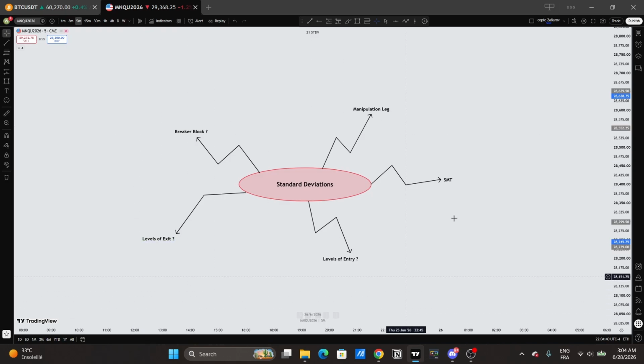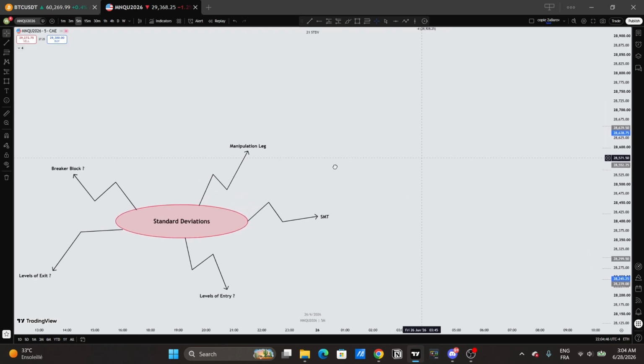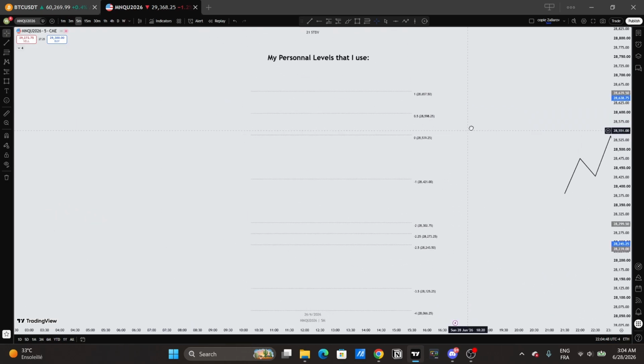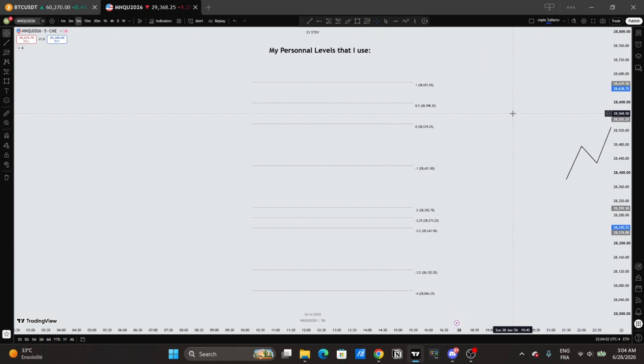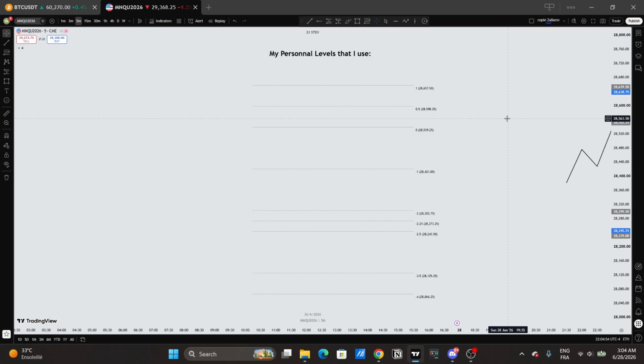So this is our compilation of concepts that we're going to see today, starting with the levels that I use personally. You can screenshot them or just hear me and write them somewhere or just apply them in the chart. I use the 1.5 and 0 to mark out the manipulation leg and the breaker blocks.